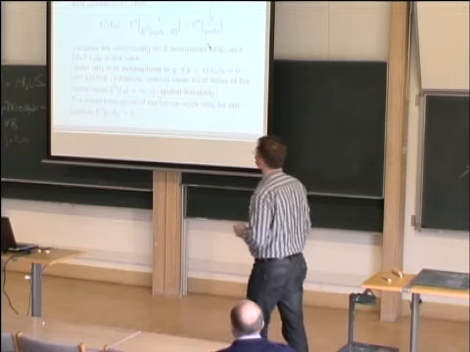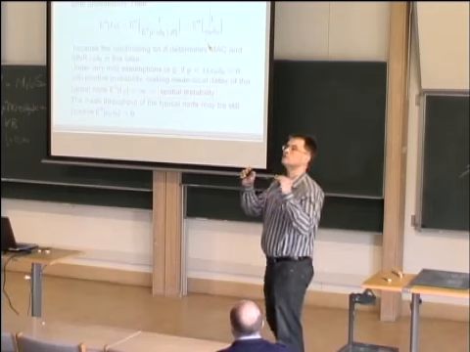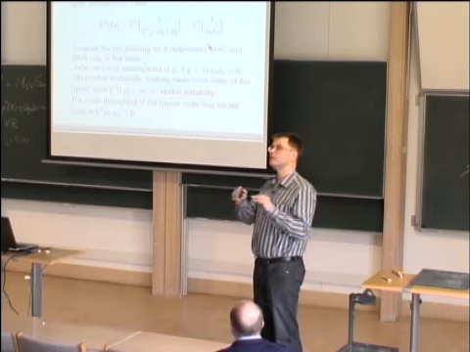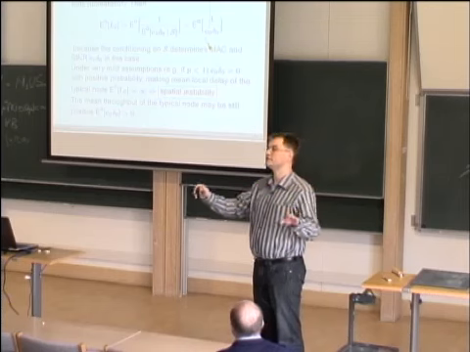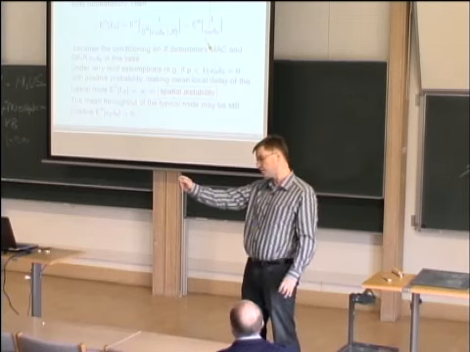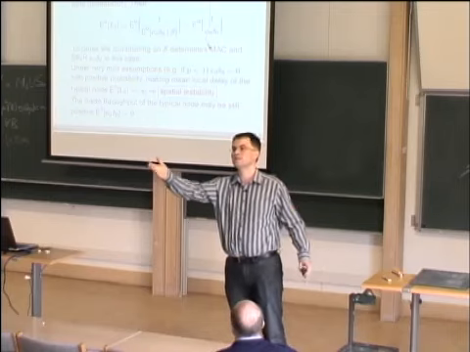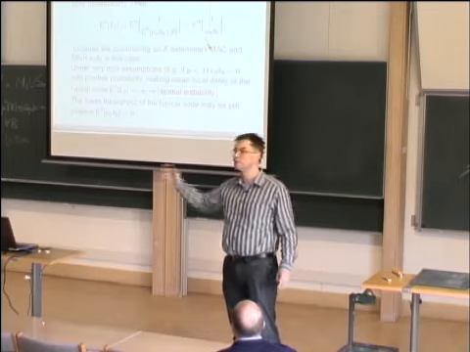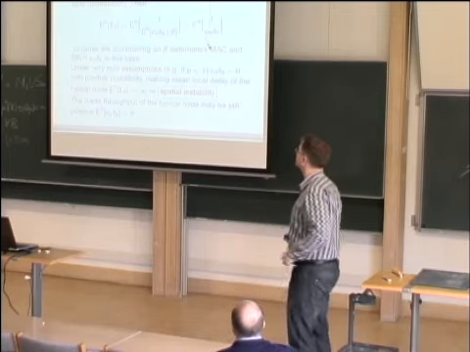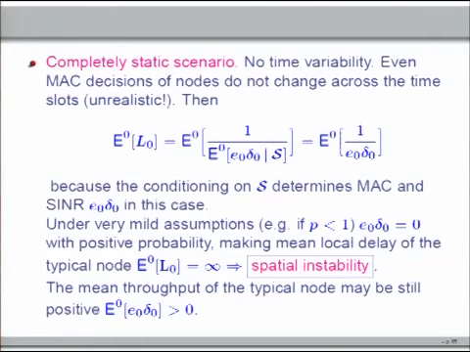On the other hand, let's consider a situation, not realistic, where nothing varies in time in the network. So everything is static. Even medium access: some nodes are authorized forever to emit, others are never authorized. Now this is unrealistic, but let's start with the extremal case. In this case, consider conditioning over static elements. What is static? Everything is static.